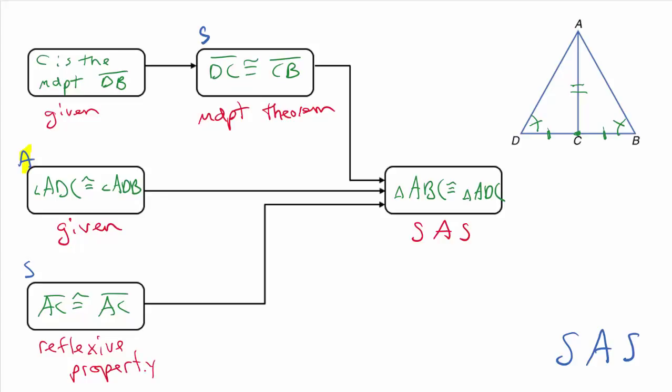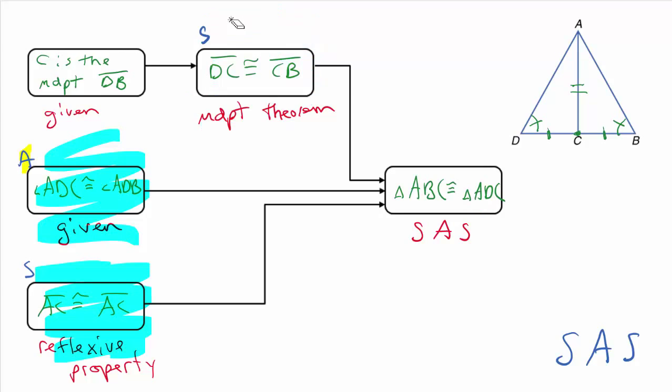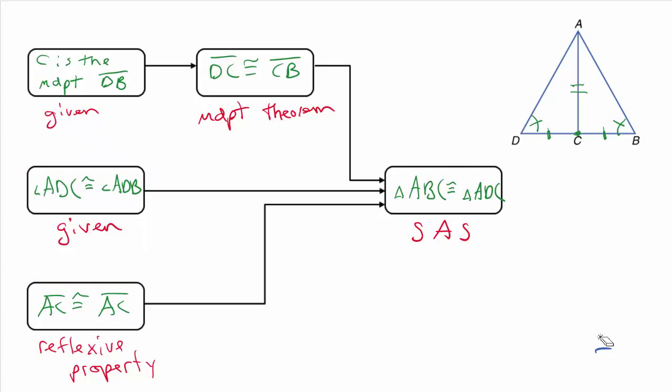Now we've got a pair of sides here and here, and the included angle, SAS, to finish off our proof. Again, I'm just going to erase the stuff that you don't need. All you need is what's inside of the bubbles and the reasons for it right under the bubbles.